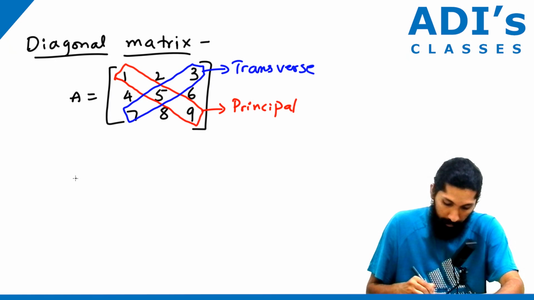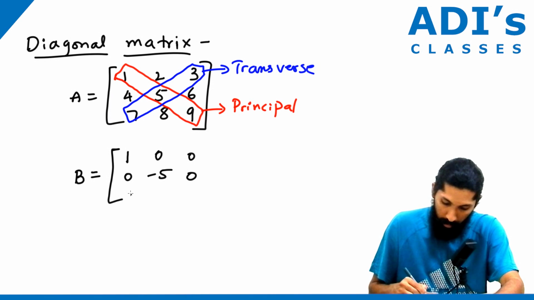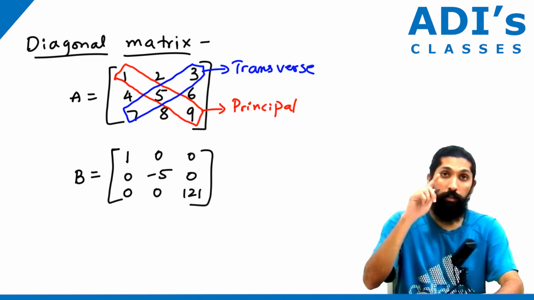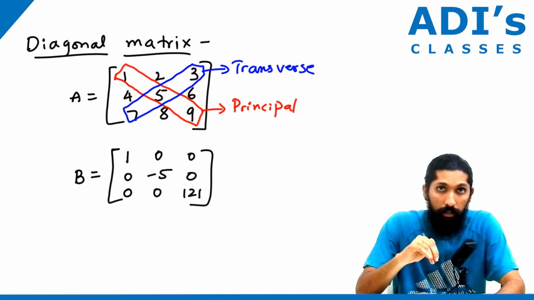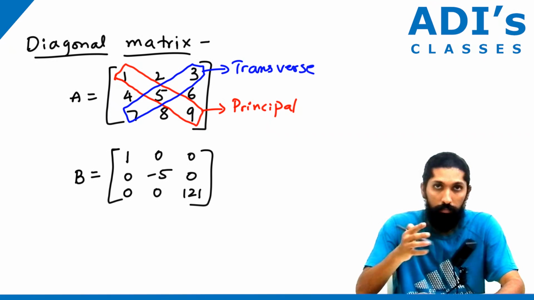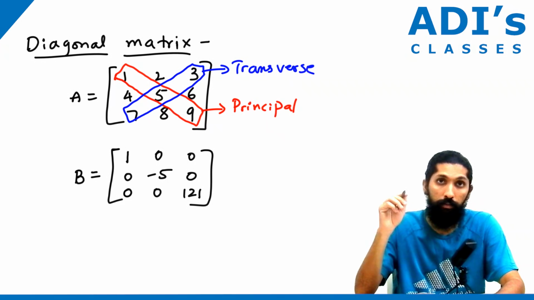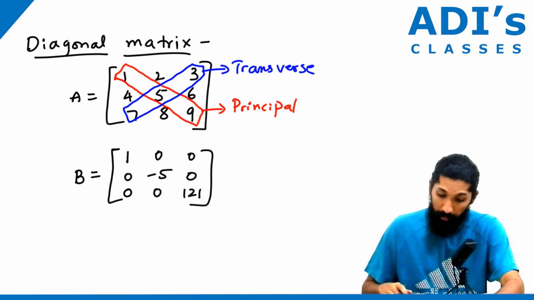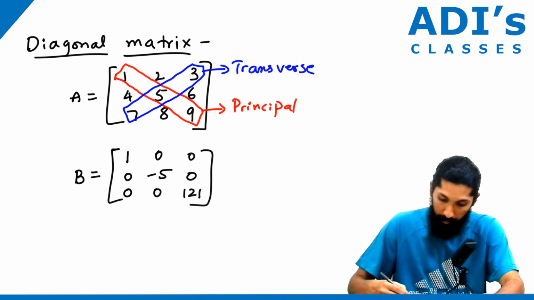You have a diagonal matrix, say B is equal to 1, 0, 0, 0, minus 5, 0, 0, 0, 121. See? It's the principal diagonal. The elements of the principal diagonal are there and they are unequal to each other. And the rest of the elements are 0. Correct? So we can write the general form of a diagonal matrix like this one.